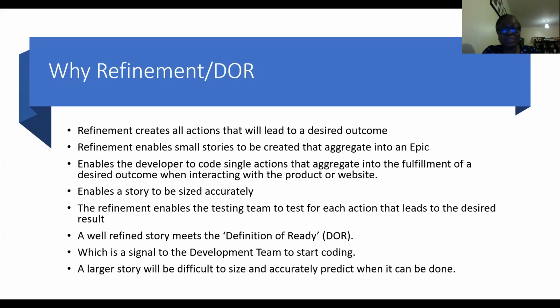The story is independent, the story is negotiable, the story is, what's V? Valuable. The story is estimatable. Yes, you can estimate it. You can size it and you can test it. So that INVEST is very important in grooming or refinement.